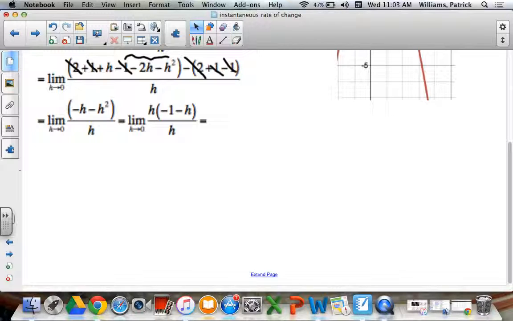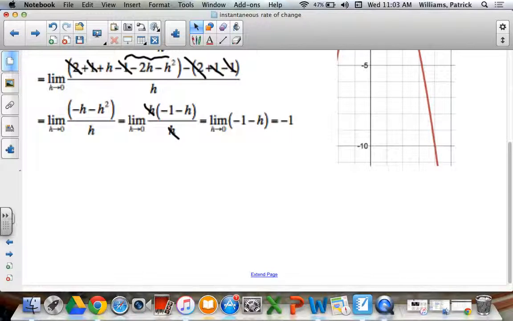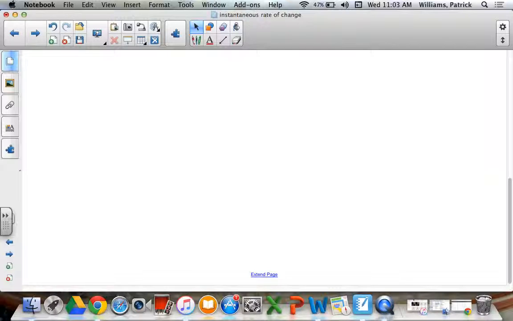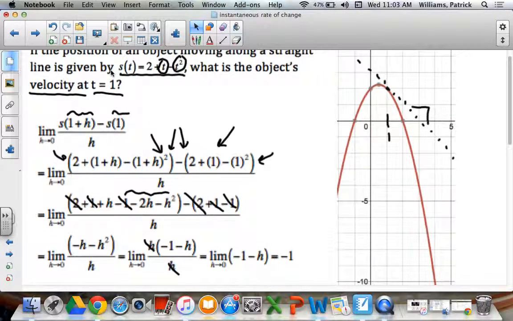If we factor out an h, what magic happens? Well, now we can cancel these two h's right here, and now the limit turns to this. Now if we plug in h equals 0 in that limit, we actually get a limit that exists. We don't get 0 over 0. We will actually just get a limit of -1.